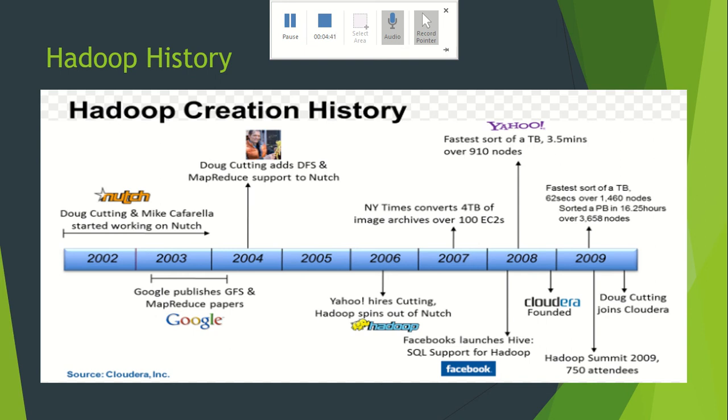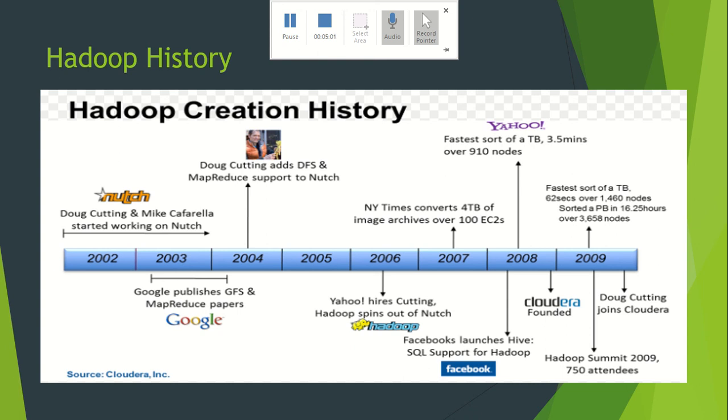In 2006, Doug Cutting was hired by Yahoo. At that time Yahoo was also struggling with big data, with how to process and how to store a massive amount of data.